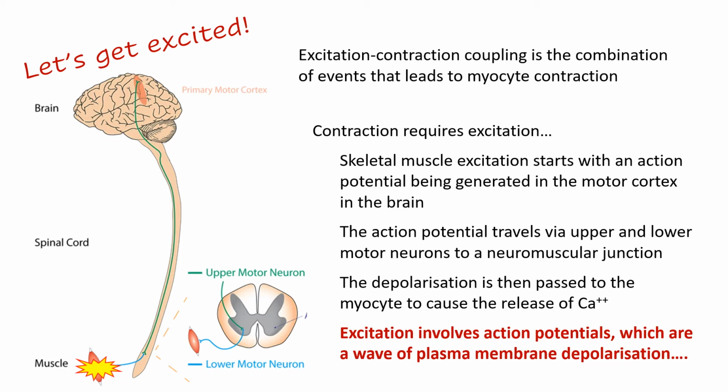So it involves action potentials, which means we're going to have to talk about action potentials. We'll come back to it in neurophysiology, but hopefully this will be fairly straightforward at this point. Action potentials are a wave of depolarization that moves along a plasma membrane in any excitable cell.